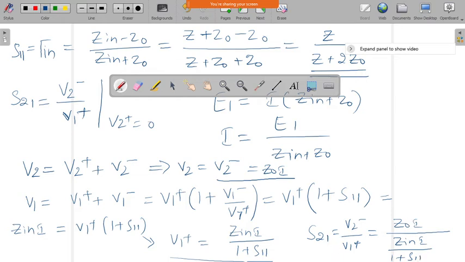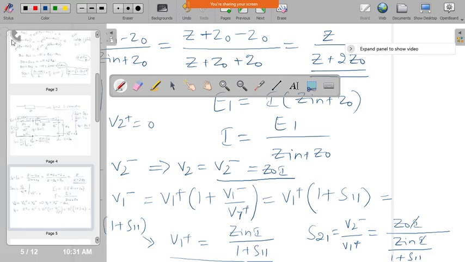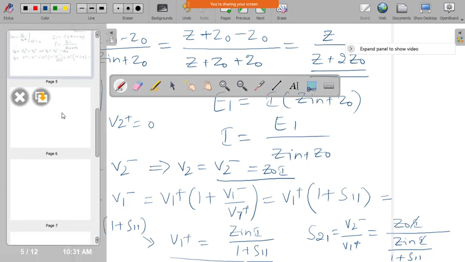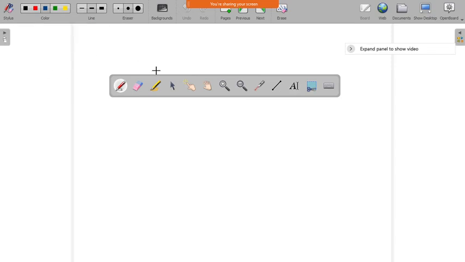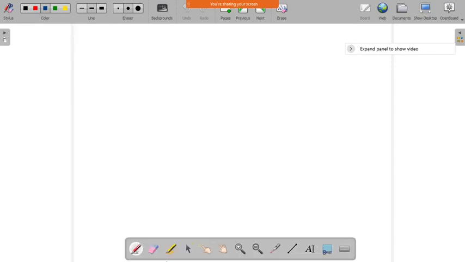Now the I will cancel each other, so we can write S21 as Z naught by Z in into 1 plus S11; 1 plus S11 goes to the numerator, so S21 is Z naught into 1 plus S11 divided by Z in.